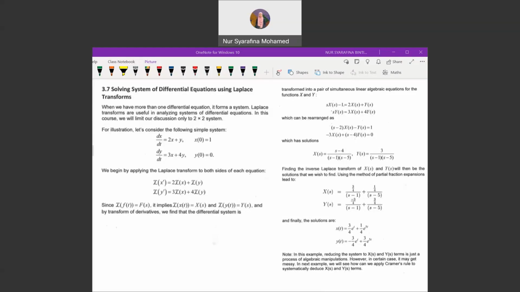So does this system of differential equations. But before we do that, we have to use Laplace transform first, in order for us to omit the derivative form. So how can we solve the system of differential equations by using Laplace transform?